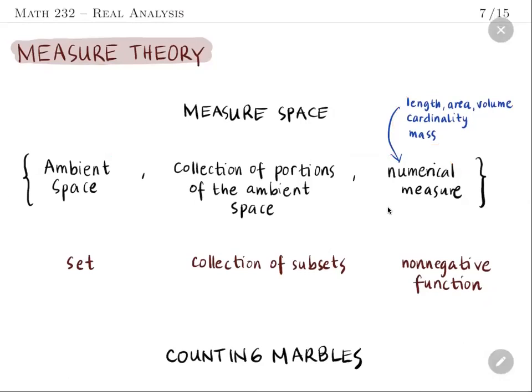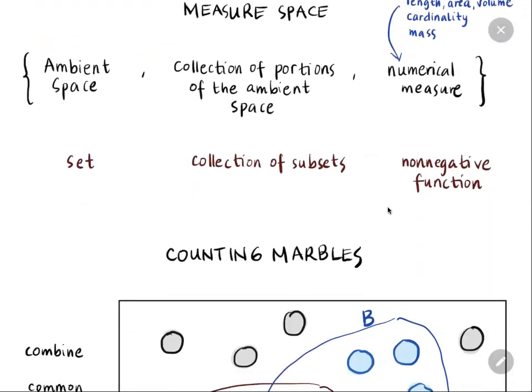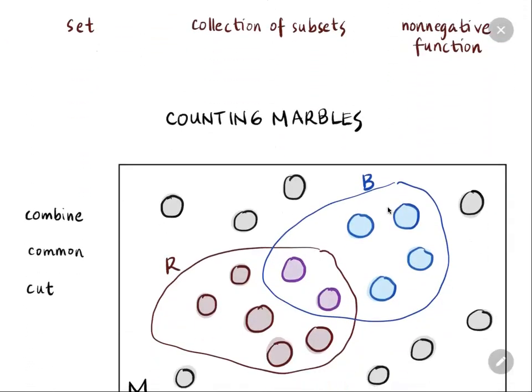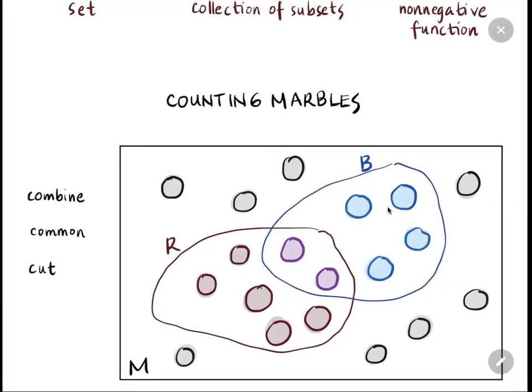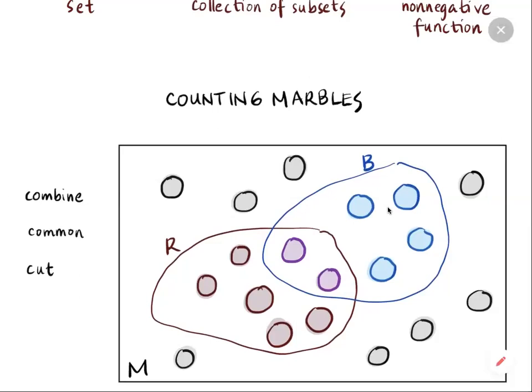Well, this is abstract at this point, but let us give a more intuitive example. Counting marbles. Suppose that we have a collection of marbles denoted by M. And then let us take two portions of this set M. So M here would be your ambient space.